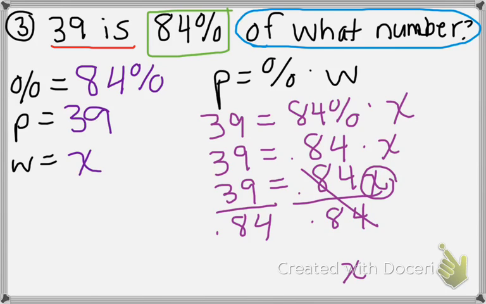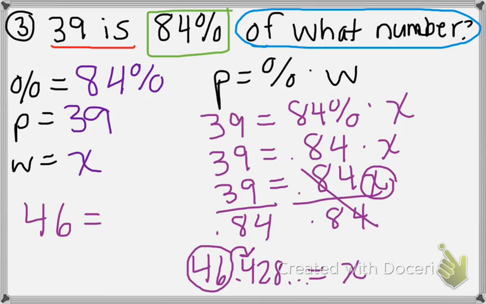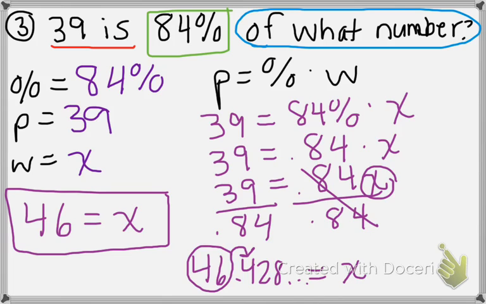When you do that, you get a decimal, and we're just going to round to the nearest whole number in this case. Your decimal comes out to be 46.428. If we round to the nearest whole number, you look at the number next to it: 5 or higher, raise the score; 4 or less, stay at rest. We're going to stay at rest. So 46 equals X. 39 is 84% of what number? 39 is 84% of 46.